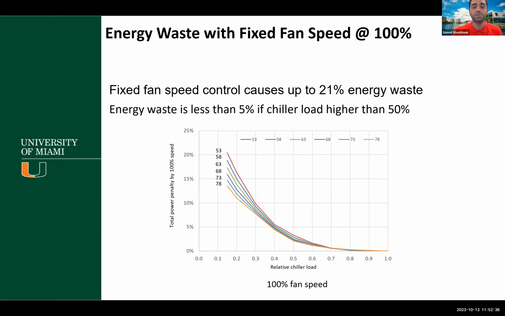So we may be able to define one simple control strategy: if, for instance, the chiller load is higher than 50%, we can use the constant 100% fan speed control strategy, because it has less energy waste compared with the situation where the chiller load is lower than 50%.